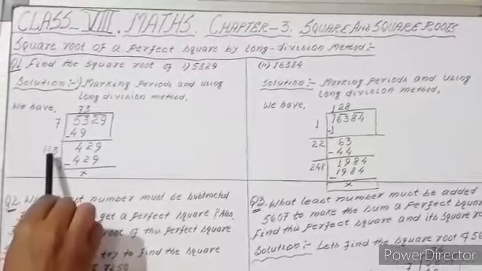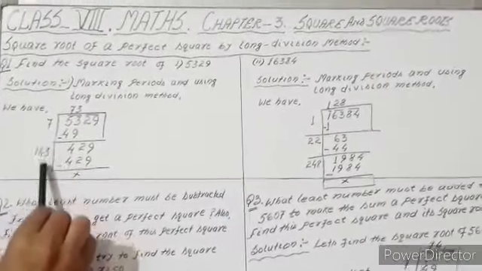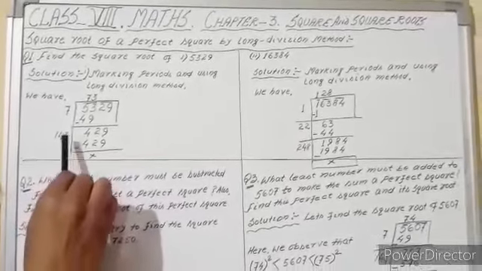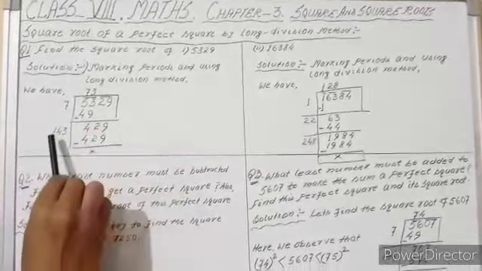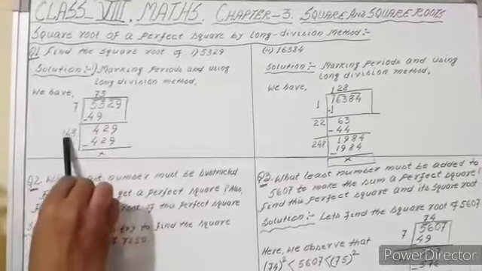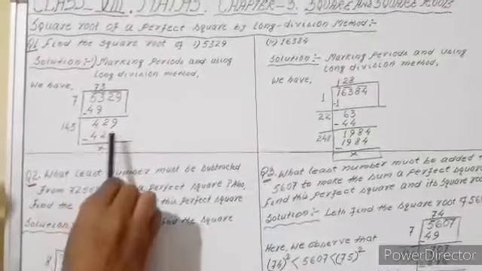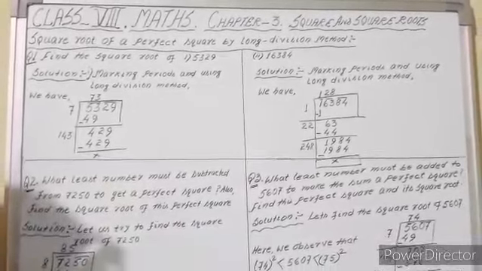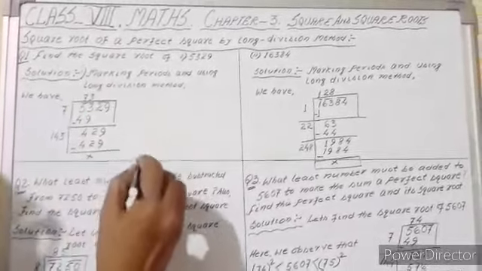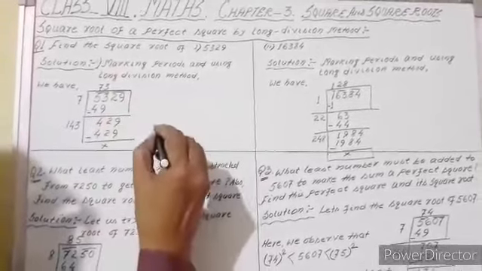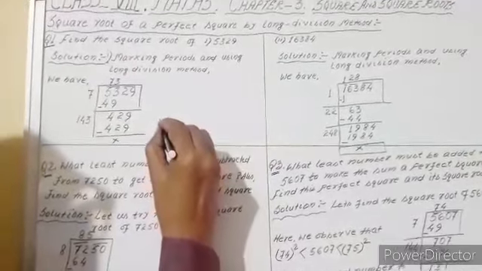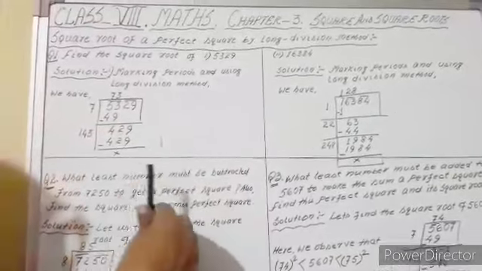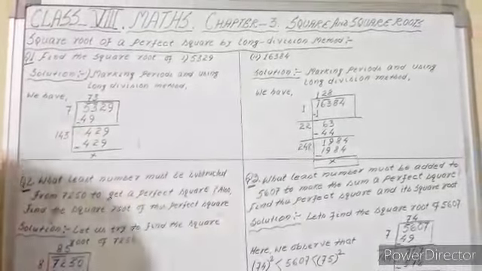So whatever number you write along with 14 should be written over here. So 143 multiplied by 3 gives 429. This is the process of determining. So 73 becomes the square root of 5329.